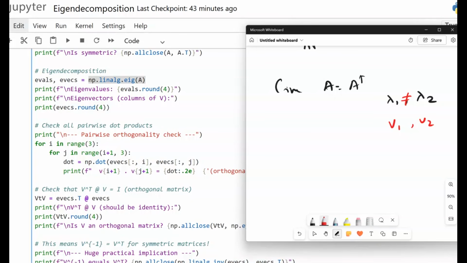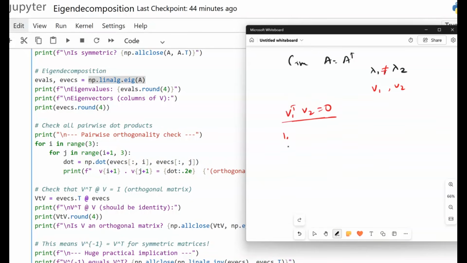Our exact goal is to show that v1 transpose multiplied by v2 is equal to 0, that is, they are orthogonal. So let me start with step 1.